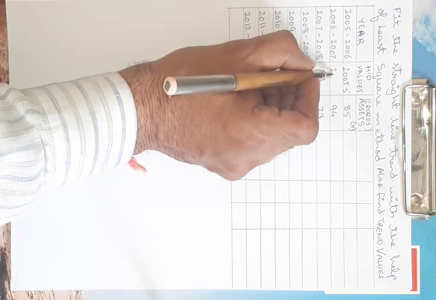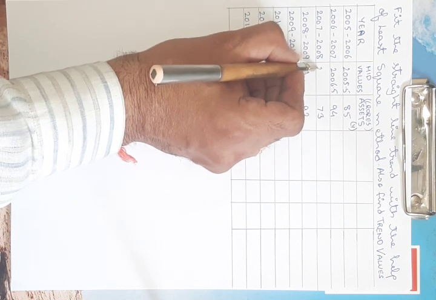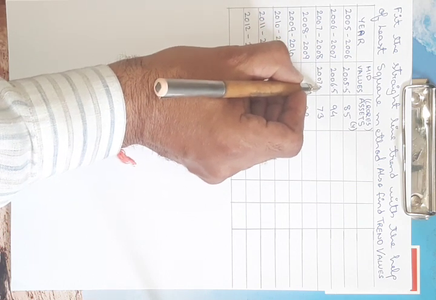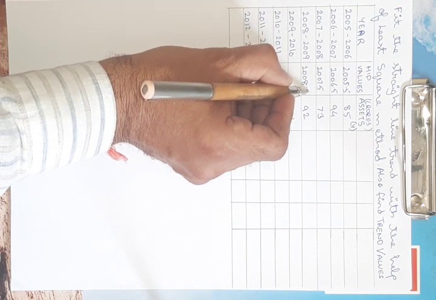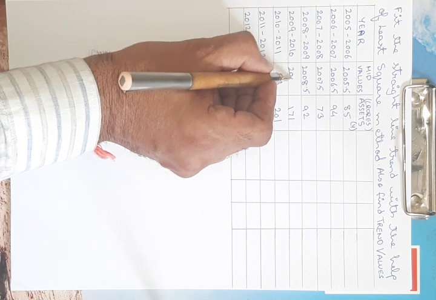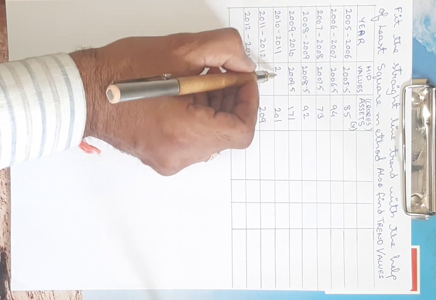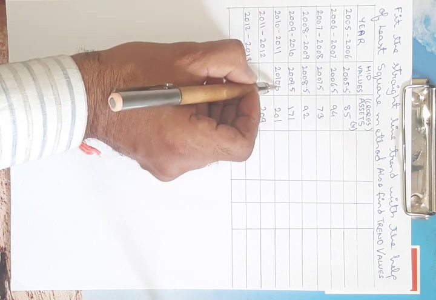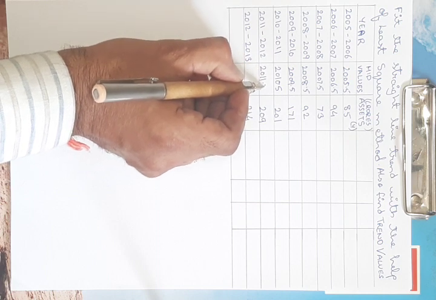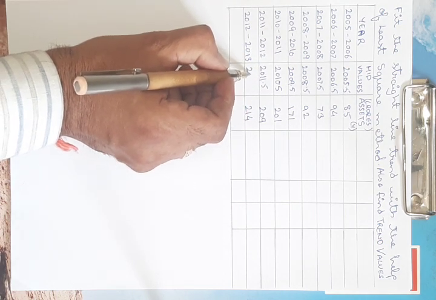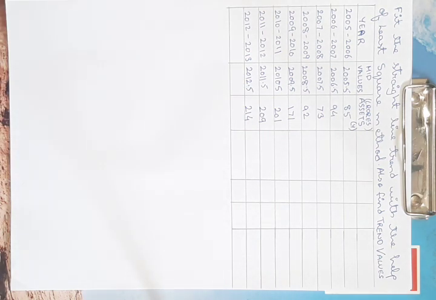Similarly, the mid value here will be 2006.5, next 2007.5, next 2008.5, then 2009.5, then 2010.5, and finally 2011.5 and 2012.5. Now we have calculated the mid values.